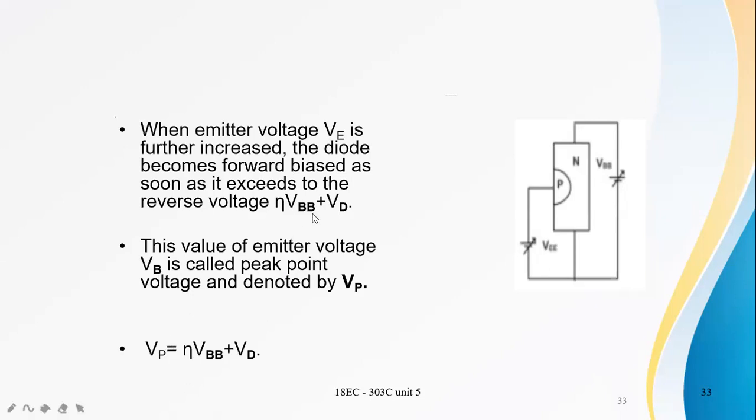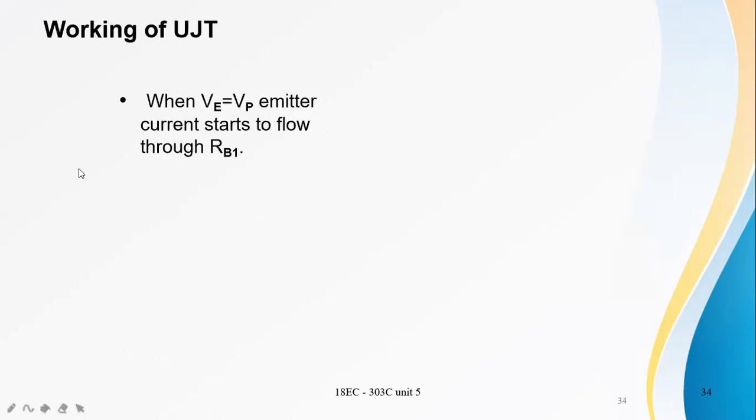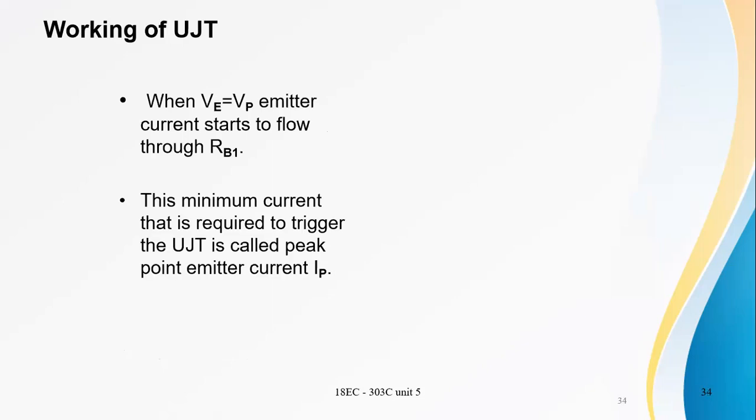VP is eta times VBB plus VD. Whenever the emitter voltage equals the peak voltage, the UJT comes into the conducting mode.